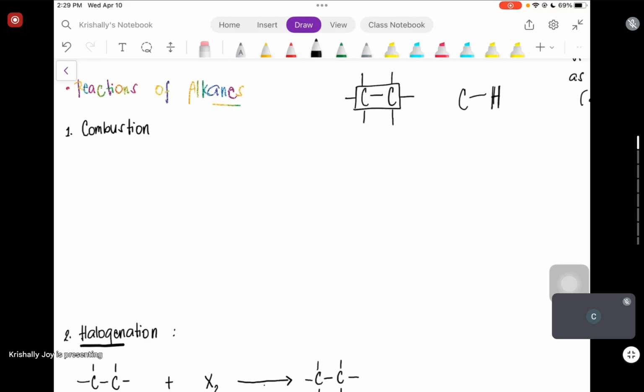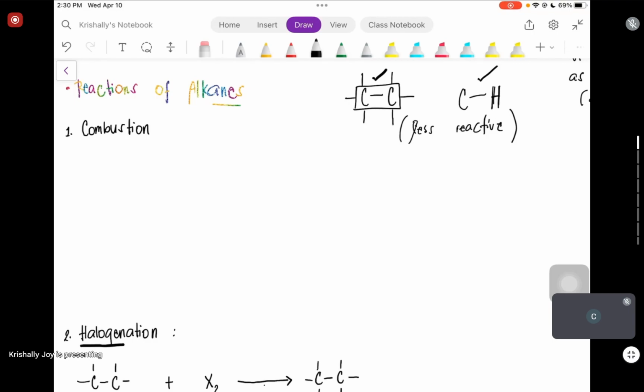In all organic compounds, we could observe a single carbon to carbon bond or a single carbon to hydrogen bond. That's why alkanes are less reactive compounds. Less reactive sila, kaya we will only be discussing at least two of the types of chemical reactions under alkanes.